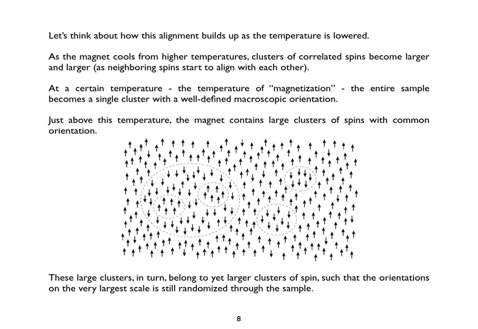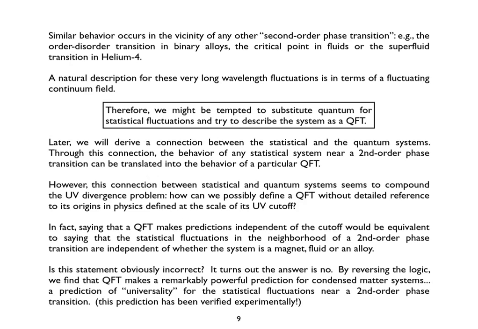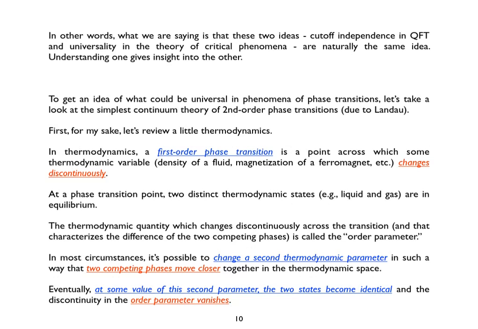When you think of these transitions on a large, zoomed out scale, you can map out the individual behavior of the electrons in terms of a field, a field density. So you can talk about the spin field. And that was the approach that Landau took when he was trying to describe all of this.